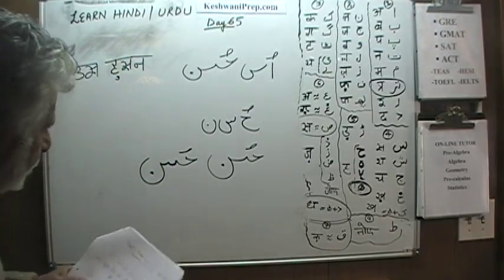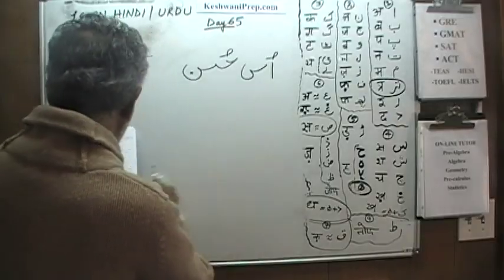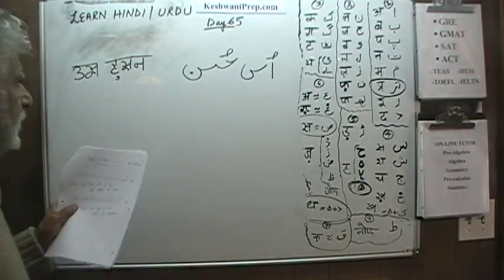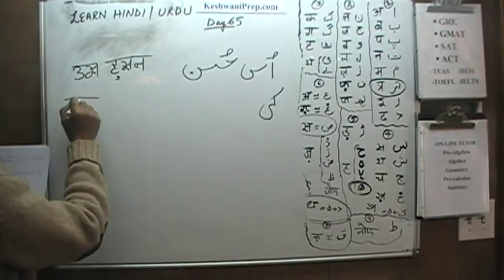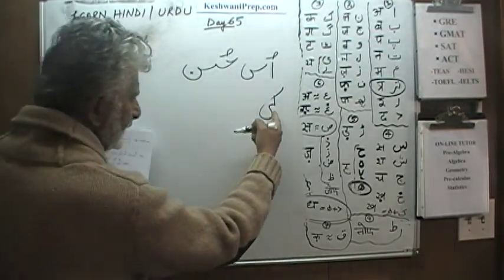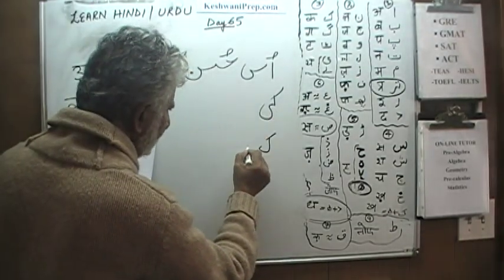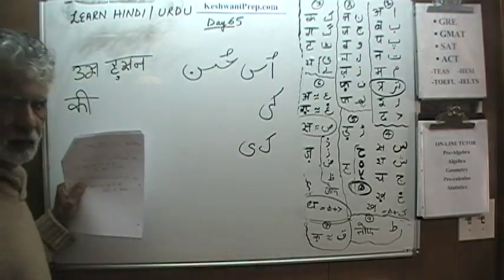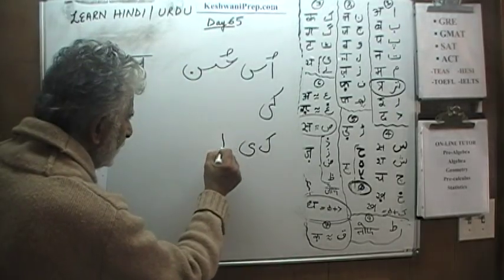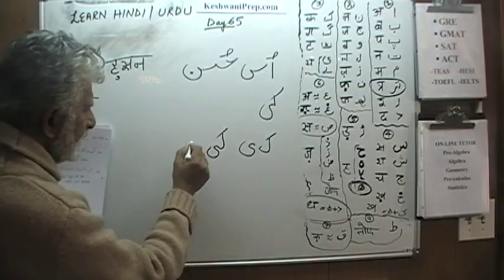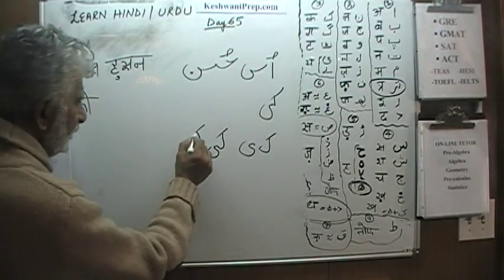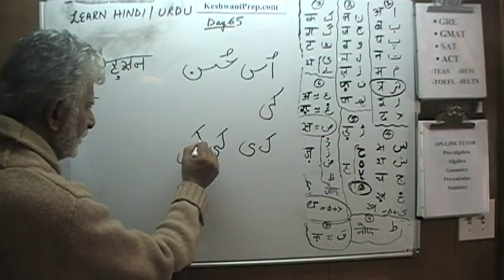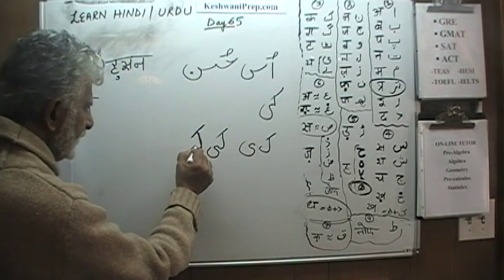Husn. Ki. That thing which we just wrote there is a kaf and a choti, and it looks like this. You can write it like this, or just like I wrote it here. It's the same thing. This first part is the kaf, and then the choti.